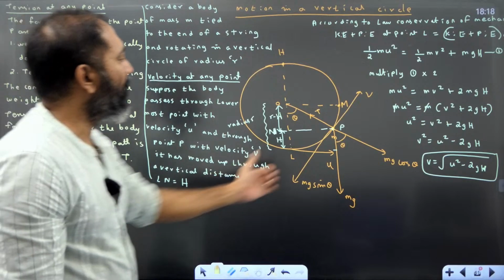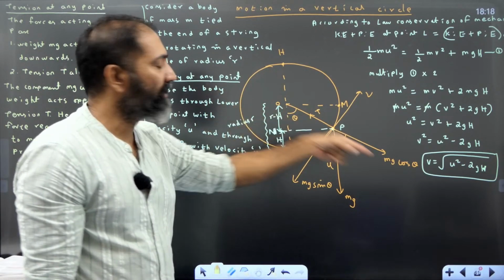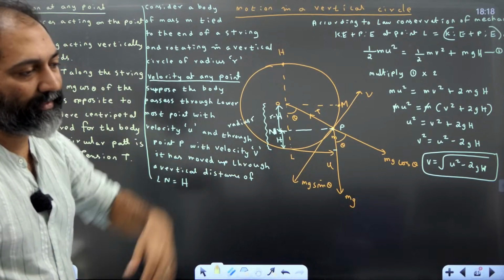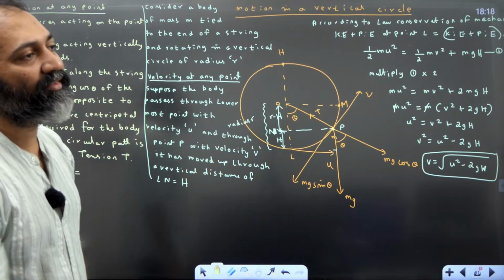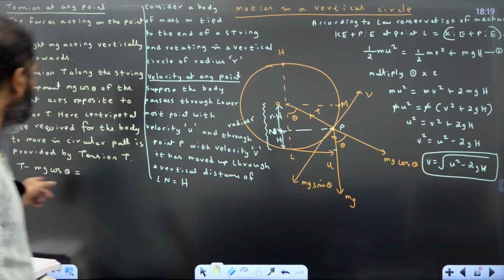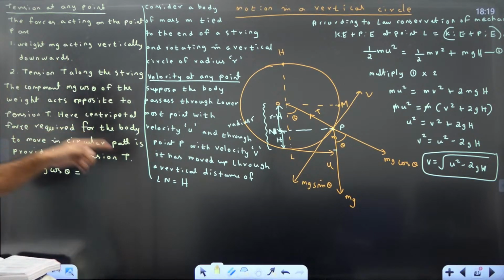Because T acts towards the center and mg cos theta acts away from the center, in the opposite direction. So that is the reason why I have taken T minus mg cos theta.